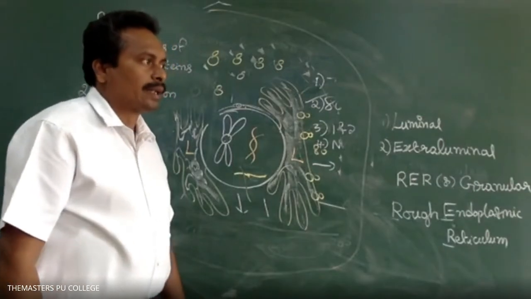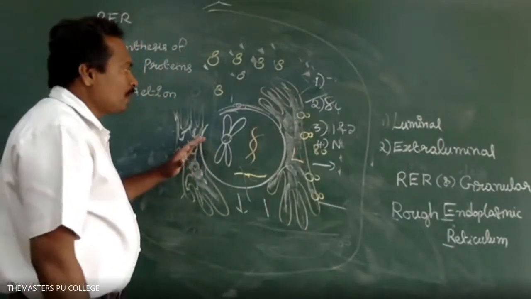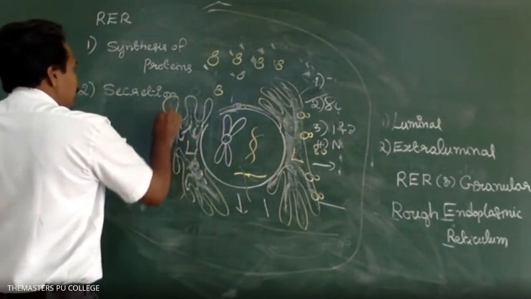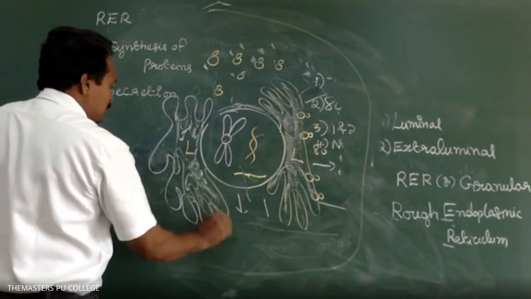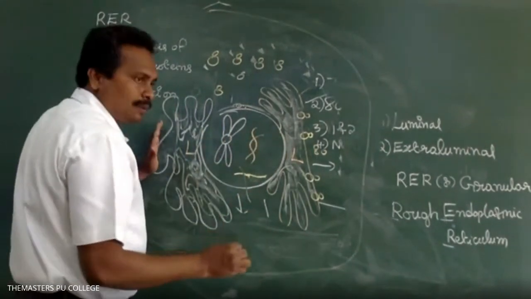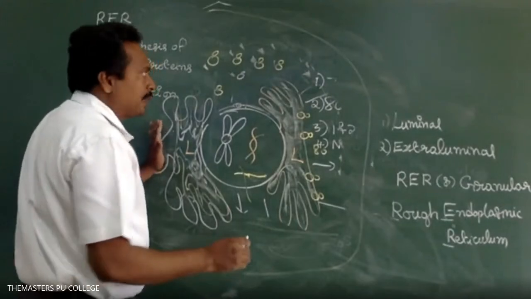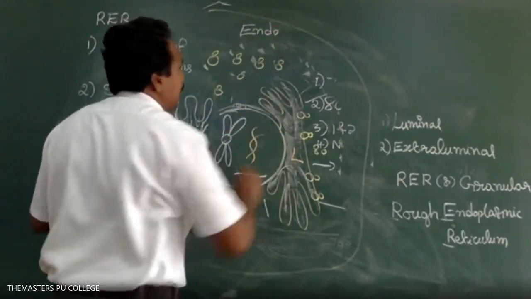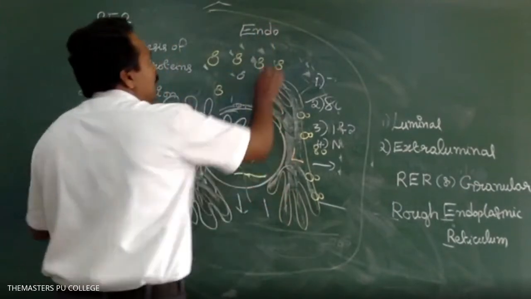Sir, is the endoplasmic reticulum also involved in the supportive framework in the cell? It forms the extended, elaborated net-like structure. Endo means inside, exo means outside.